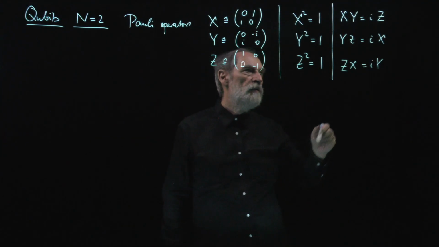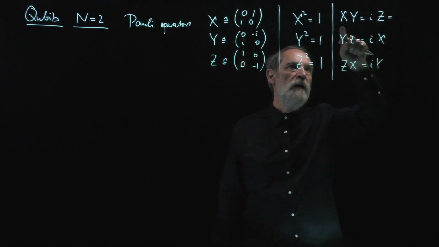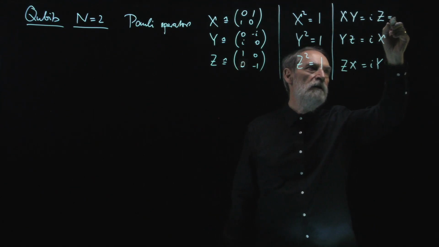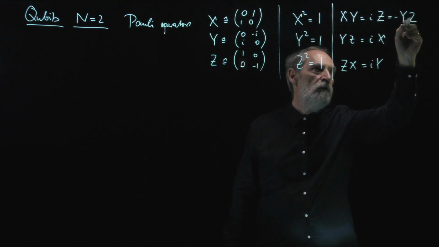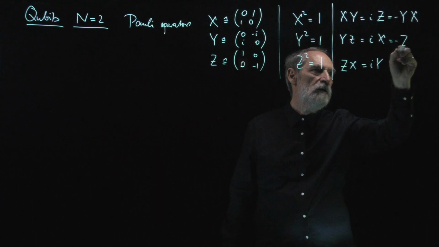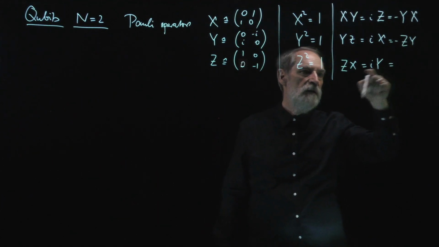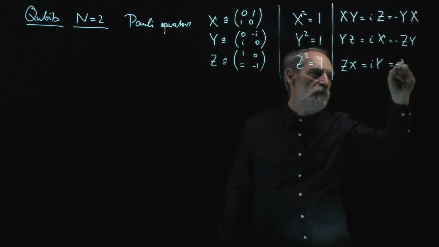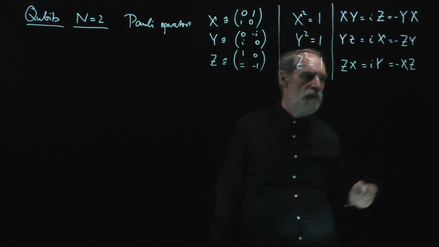And then one can also verify that if I interchange the order of the multiplication, that results in an overall minus sign. So yz product is equal to negative zy product, and zx product is equal to negative xz product.